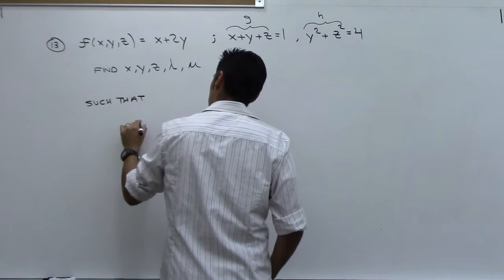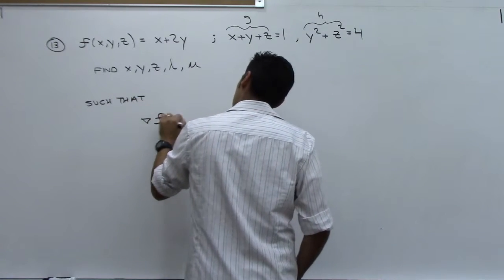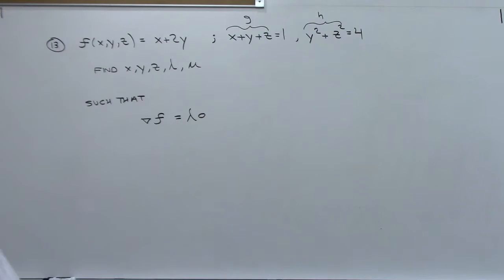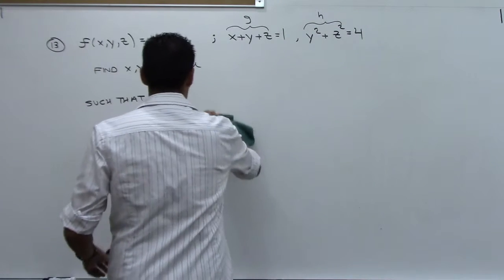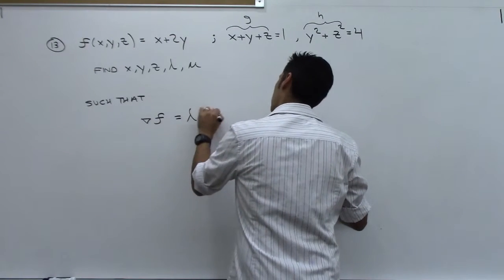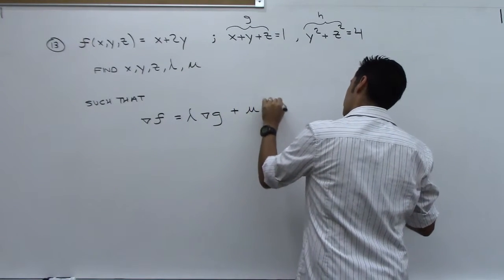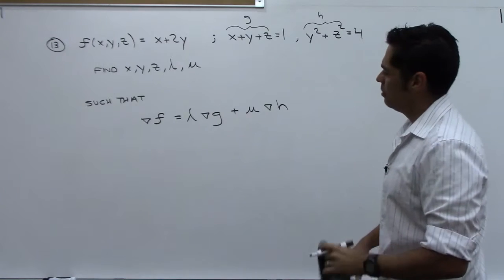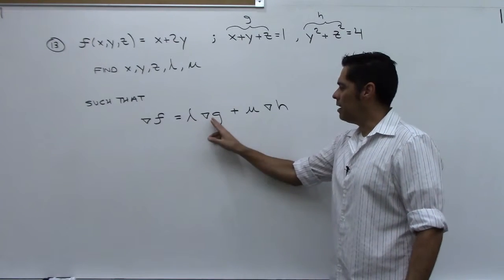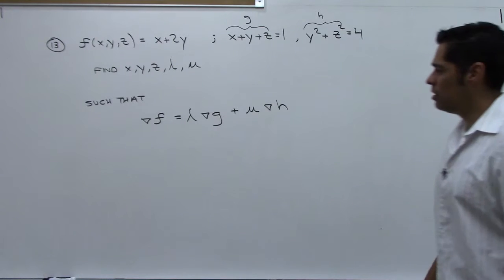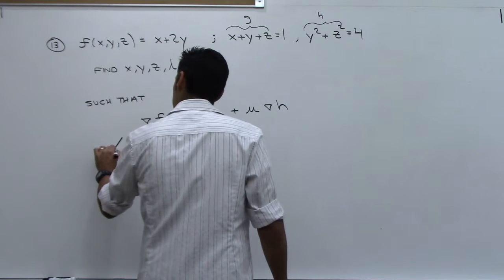the following is true. The gradient of f equals lambda times the gradient of g, that's the familiar part, plus mu times the gradient of h. So this is a constant in front of the gradient of g, and now we need to add a constant in front of the gradient of h. So this is going to look like this.